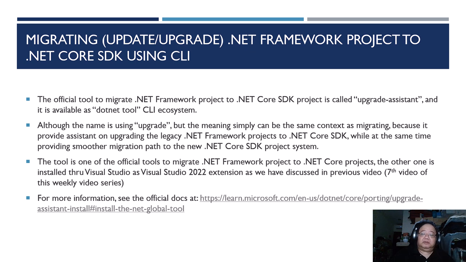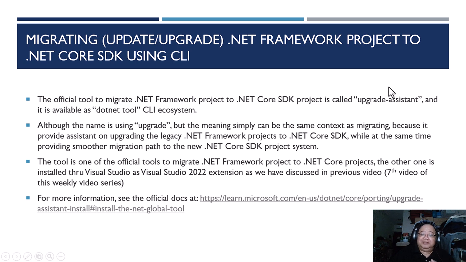This time is for migrating the old or legacy .NET Framework project to .NET Core using the command line interface, or CLI. We are going to use .NET Tool, and .NET Tool will be used to install this upgrade assistant.